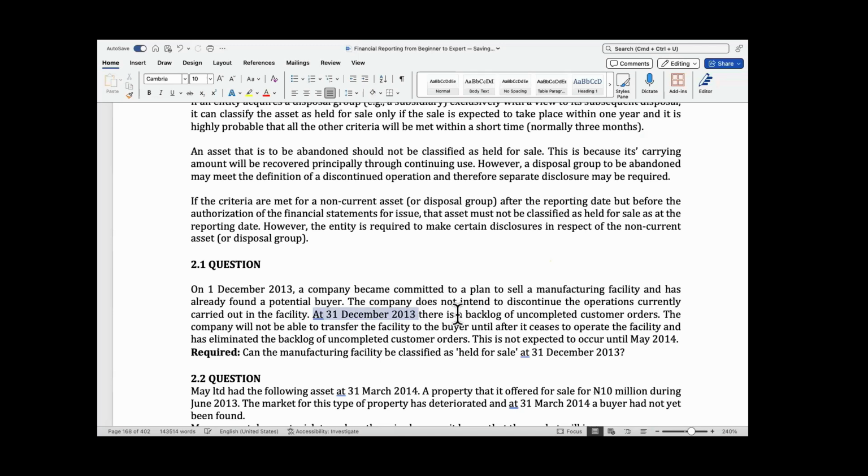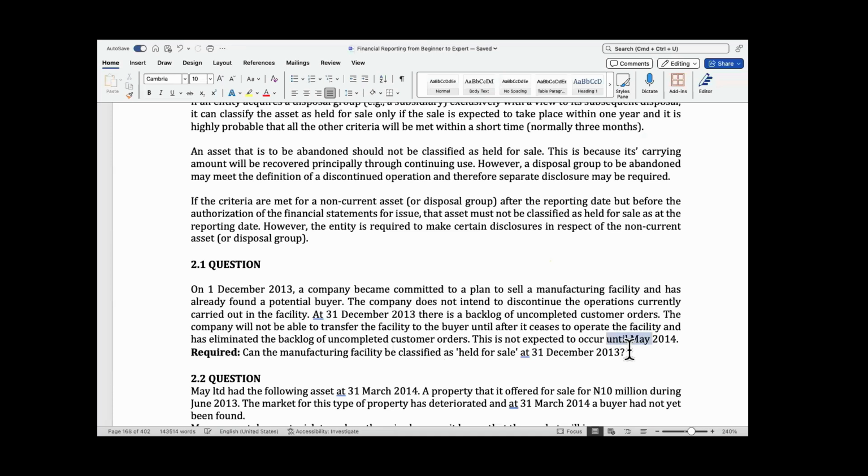The company will not be able to transfer the facility to the buyer until it ceases to operate the facility and has eliminated the backlog of uncompleted customer orders. This is not expected to occur until May 2014. Can the manufacturing facility be classified as held for sale at 31st December 2013?